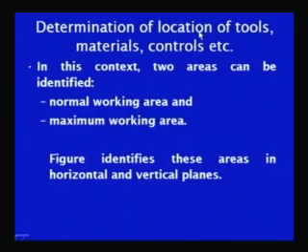The location of the tools, materials and controls is decided in light of the anthropometric data of the operator or the group of the operators, and that is based on the normal working area concept and the maximum work area concept. The figure in the next slide will show what the normal working area is.